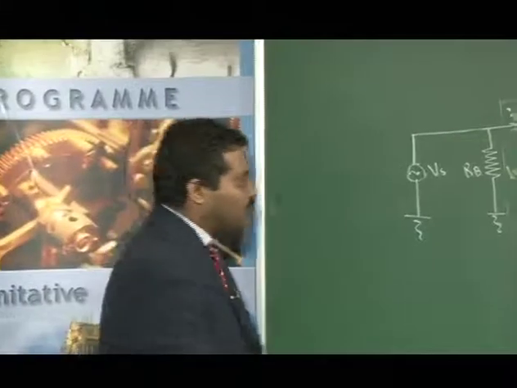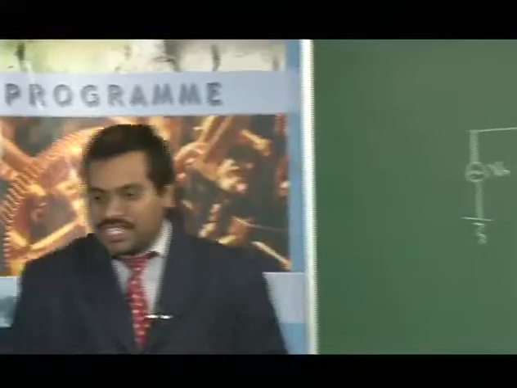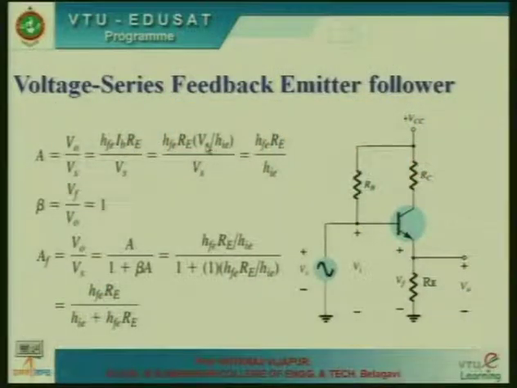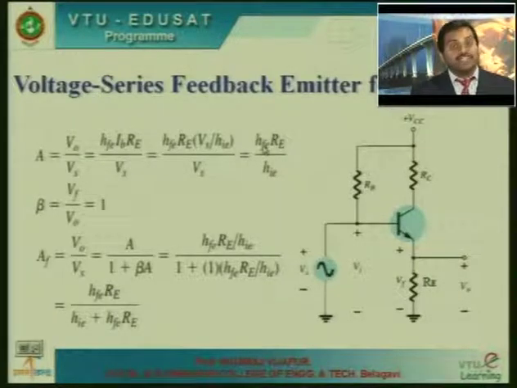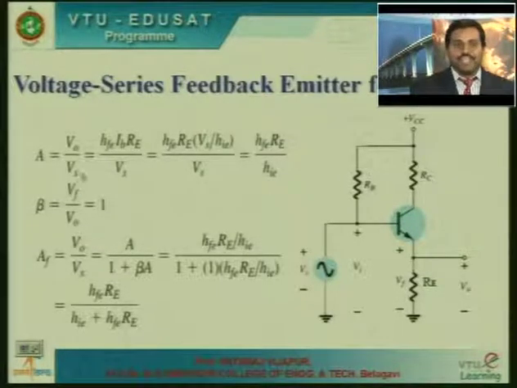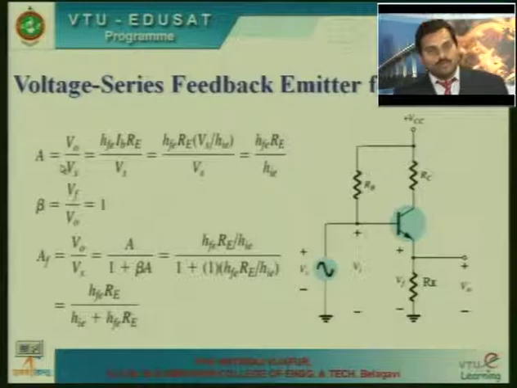So, what we have discussed is how this base current IB has come; you can substitute it as Vs divided by HIE. Further, after simplification, Vs gets cancelled. So, it will be HFE into RE divided by HIE. So, you have the open loop gain.